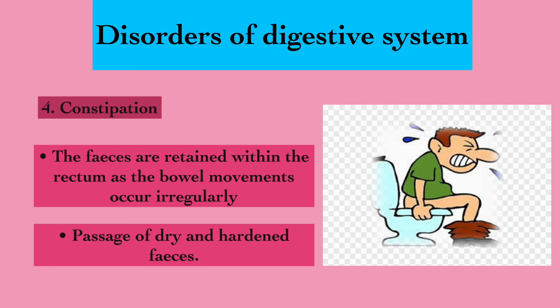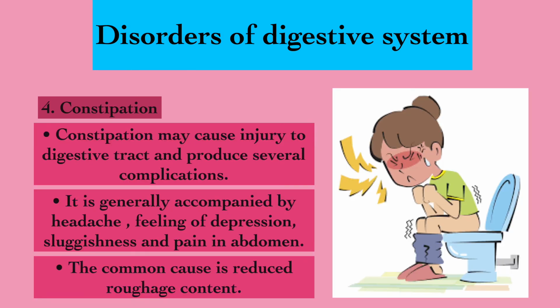The characteristic feature which is very distinctive in constipation is the passage of dry and hardened feces. So constipation may cause injury to the digestive tract and produce several complications. Whenever there is passage of hardened and dried feces through the alimentary canal, it may cause injury to certain internal elements.